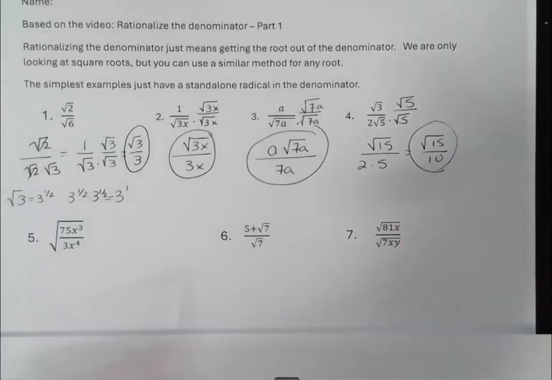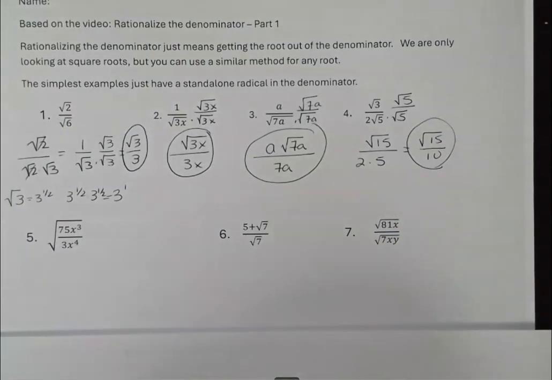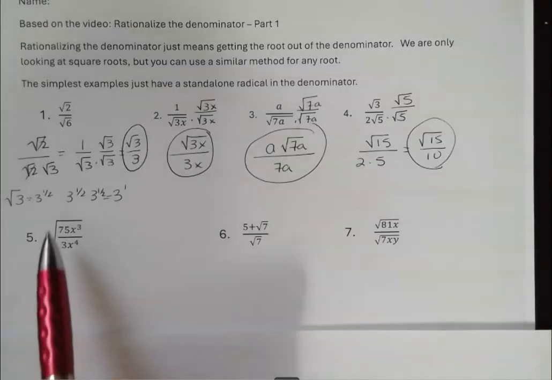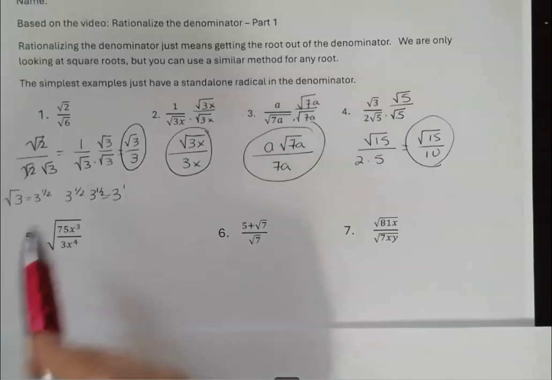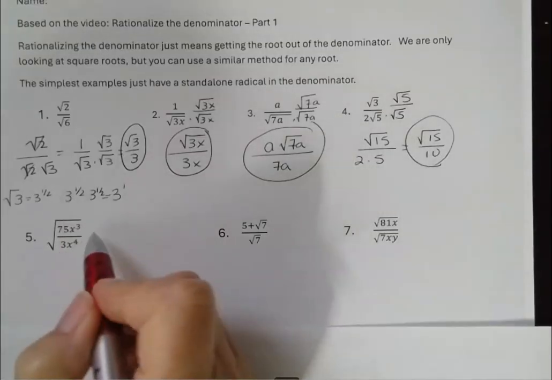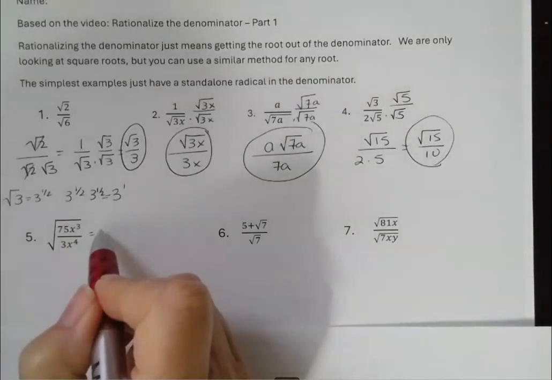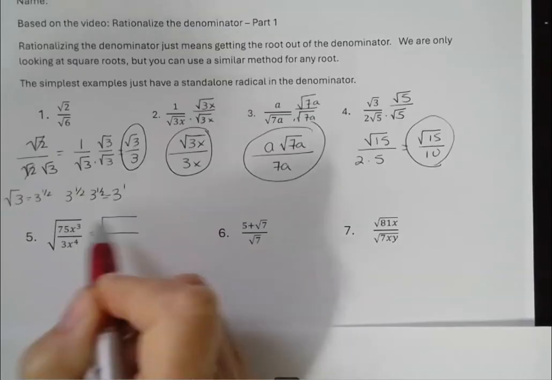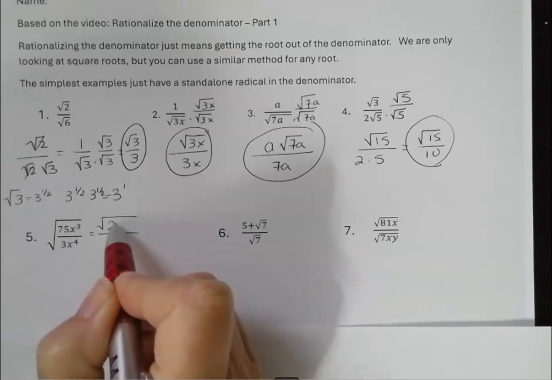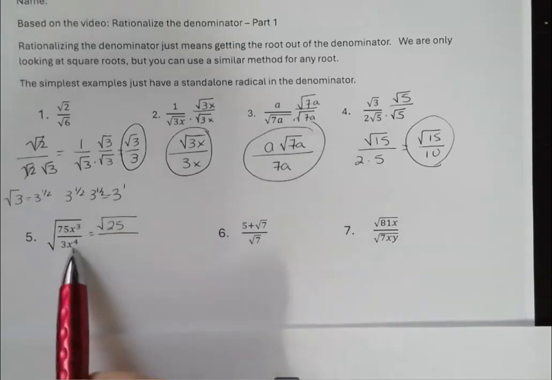So I need to make sure that I simplify and I use all my tools that I had before I ever encountered radicals. Before I do anything here, I'm going to simplify under the radical. I can see that 75 divided by 3 is going to be, I'm going to separate these because I think it'll be nice if I do that. So I'm going to have 75 divided by 3, which is 25, and x to the third over x to the fourth.